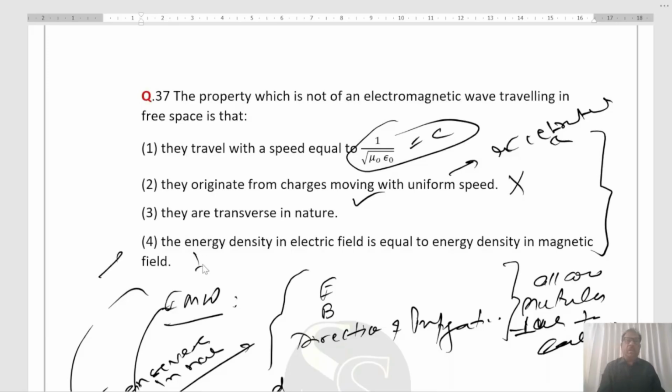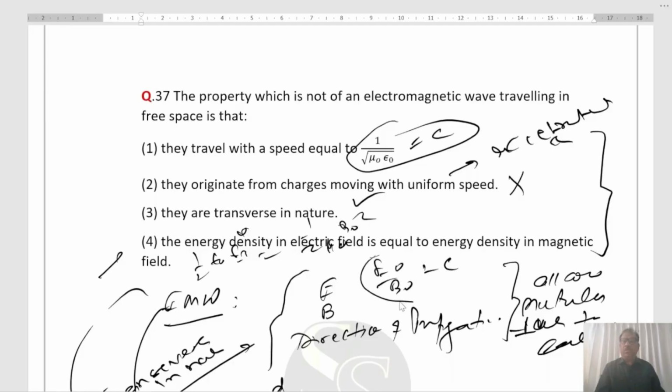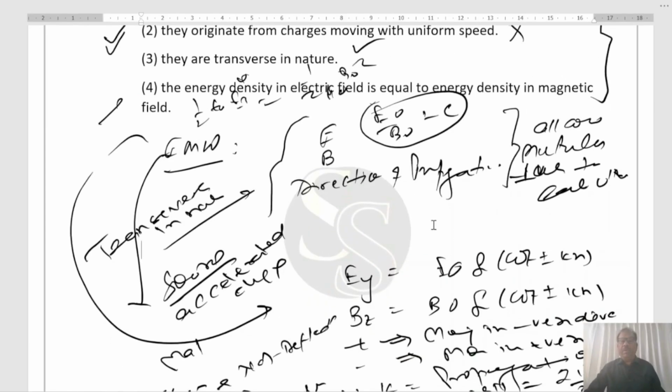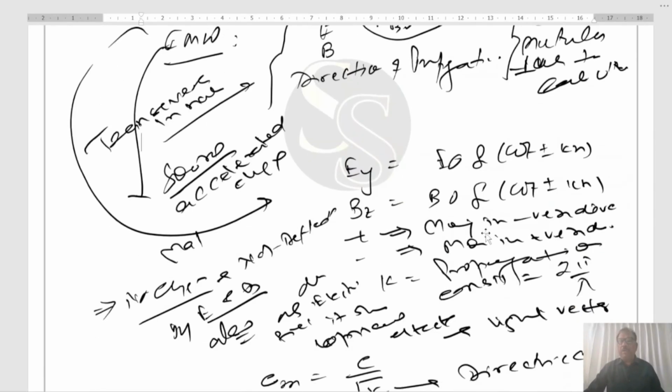This is also correct: half epsilon naught E naught square or half mu naught B naught square, and E naught over B naught equal to C, right? So in this case, option 2 is correct. I have discussed additional information also, which is useful for NEET, JEE Advanced and other entrance examinations, right?